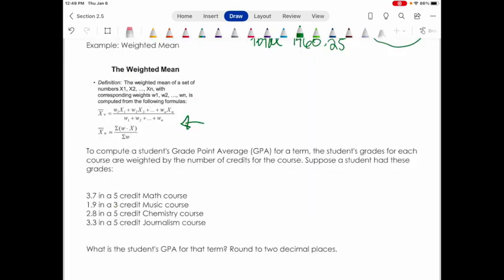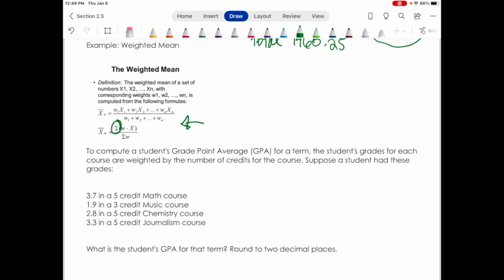And here's our fancy formula for that. All this means is all your x values represent your data values. So x1 is the first data value, x2 is the second data value, etc. And then the w's are the corresponding weights. So when you see w1 or w2, w1 is the weight for the point x1, w2 is the weight for x2, etc. So then you add up all of those products and then you divide by the total weight.